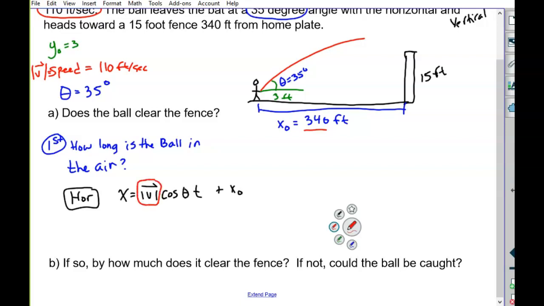How fast is the ball going? It's going 110 feet per second. What is the angle at which the ball leaves the bat? 35 degrees. And then where did we start from? Actually, it shouldn't be x of 0, sorry.